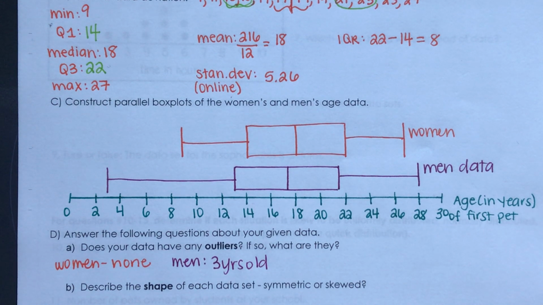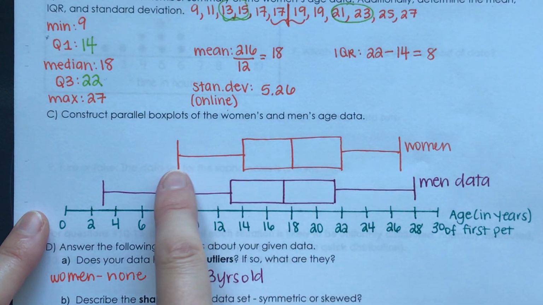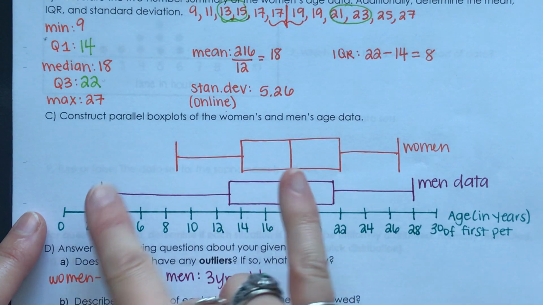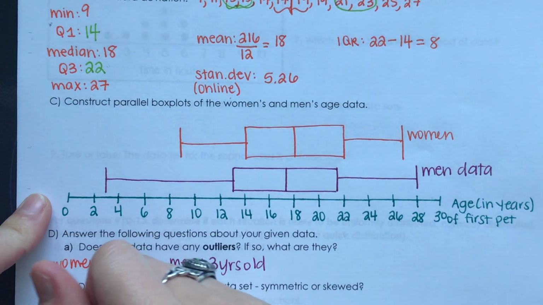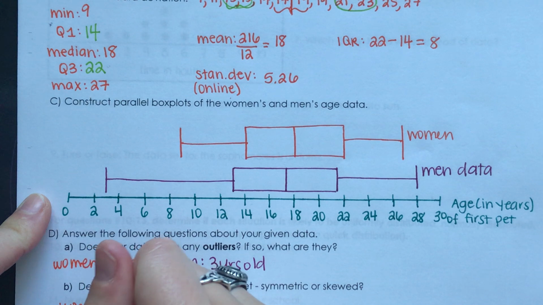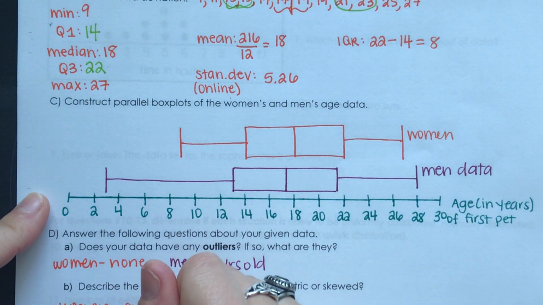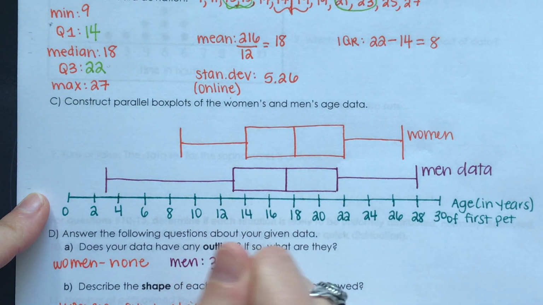Letter B, describe the shape of each data set. Is it symmetric or is it skewed? So if I look at my women data, it's pretty easy to see that this is really very symmetric on both sides. So I would say that the women's data is definitely symmetric.